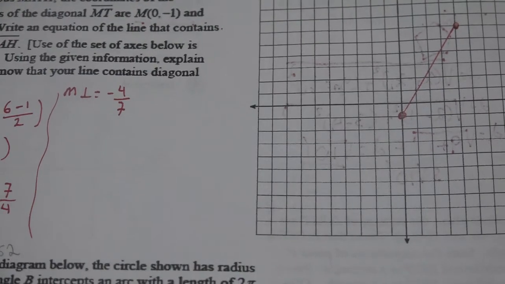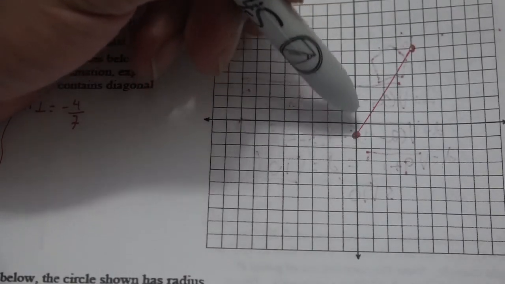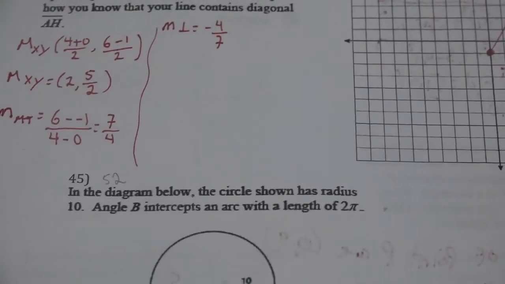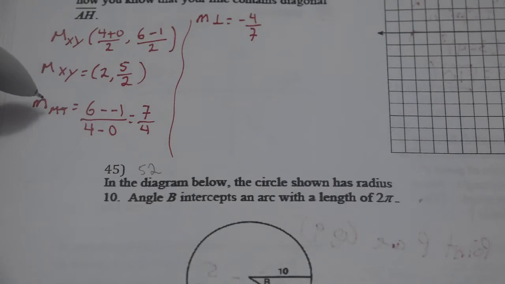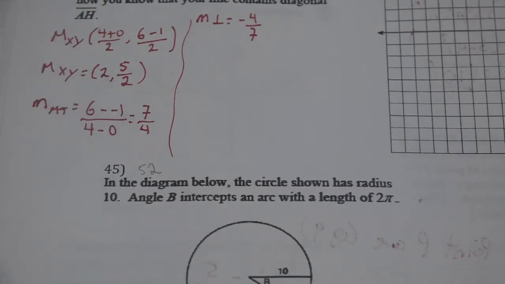So one thing that you also have to know is that this is one endpoint of the rhombus and this is another endpoint of the rhombus. So there you go from there. All right, so I found out what the slope was. I got the midpoint, I got the slope. The slope is 7/4. Remember, since the diagonals are perpendicular, they touch at 90-degree angles.